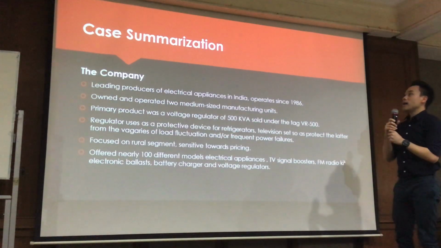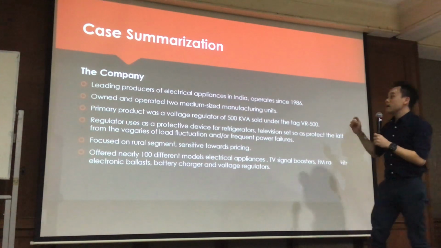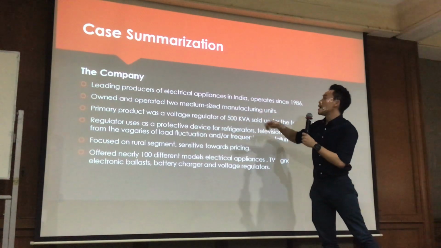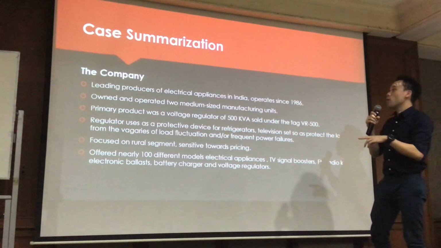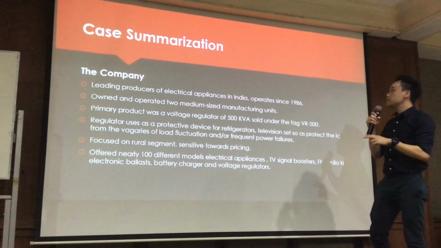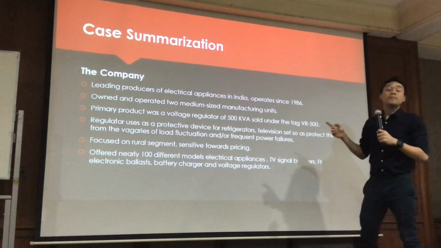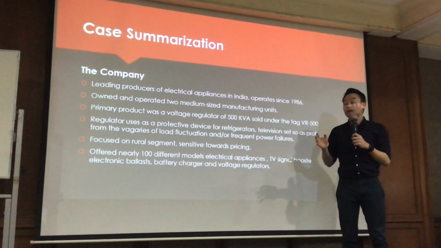Starting with the first one, the case study about the company. The company is an electrical appliance company in India, and it owns two medium-sized manufacturing units. The primary product of this company is the voltage regulator. What is a voltage regulator?